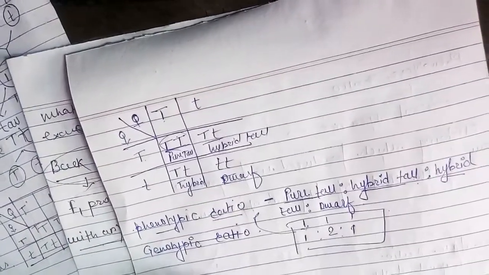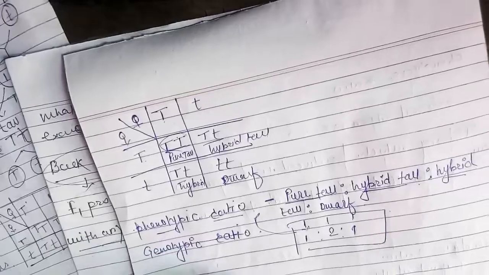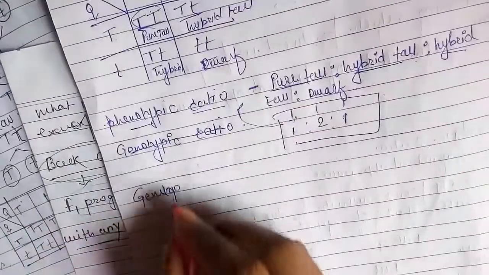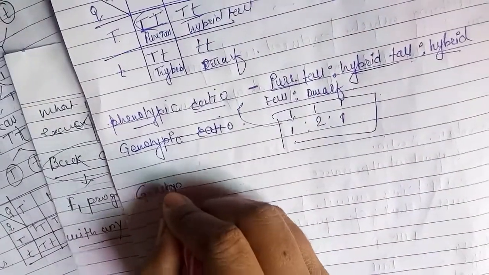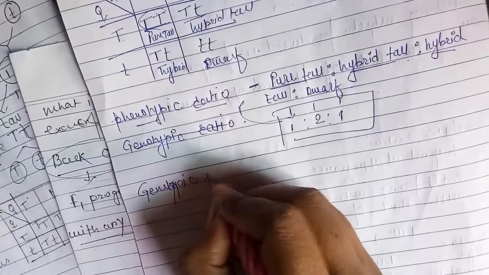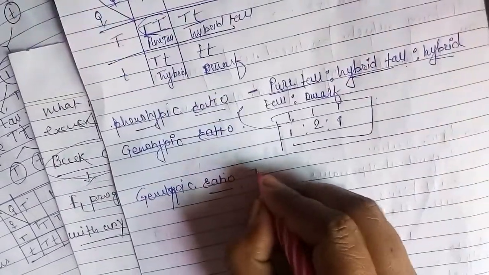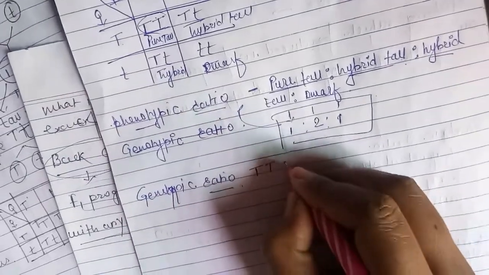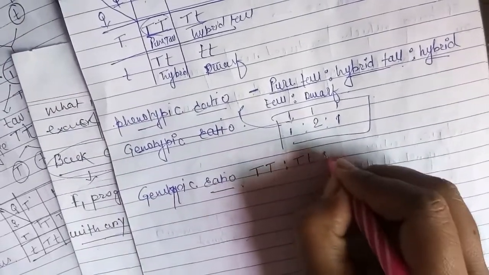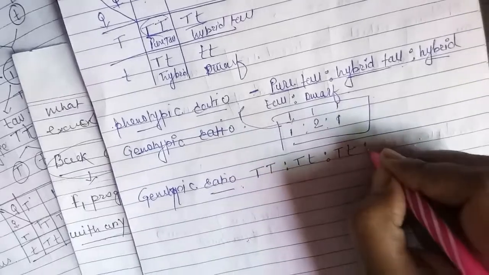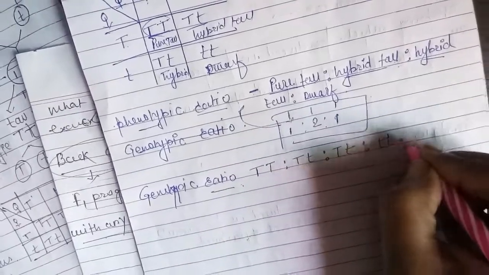Then what is the genotypic ratio? Now we take the genotypic character: capital T capital T is to capital T small t is to capital T small t is to small t small t.